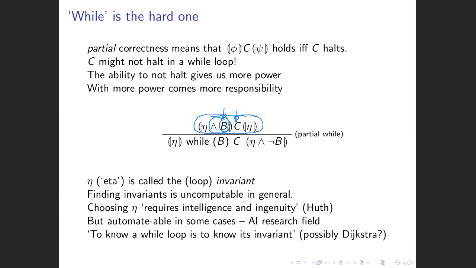You need specifically the invariant to be true and B to be true as well. And the other observation made by this rule is that when the loop ends, B is now false. That's the definition of the end of the loop. So you can happily conclude at the end of the loop that B is now false. Notice B appears at the top as an assumption, an input contract, a precondition, and it appears negated as the postcondition, because at this point B has been used and affected, and it's become negative.